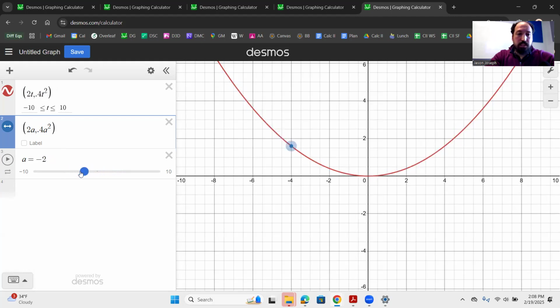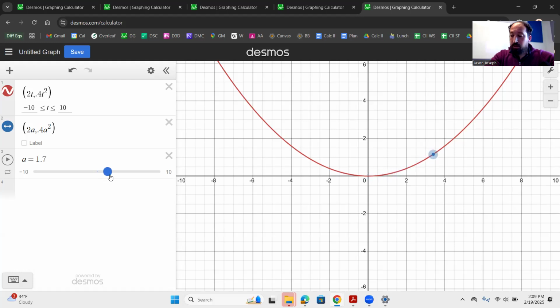When t is -2, these are the exact coordinates of this point particle. We could figure this out by plugging in and looking at what values we get, but it's a little bit faster to see that at time 0, we're at the origin.